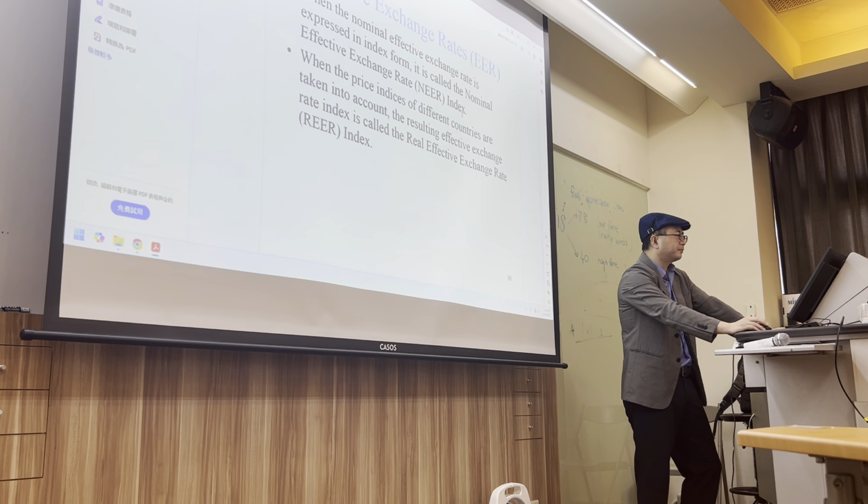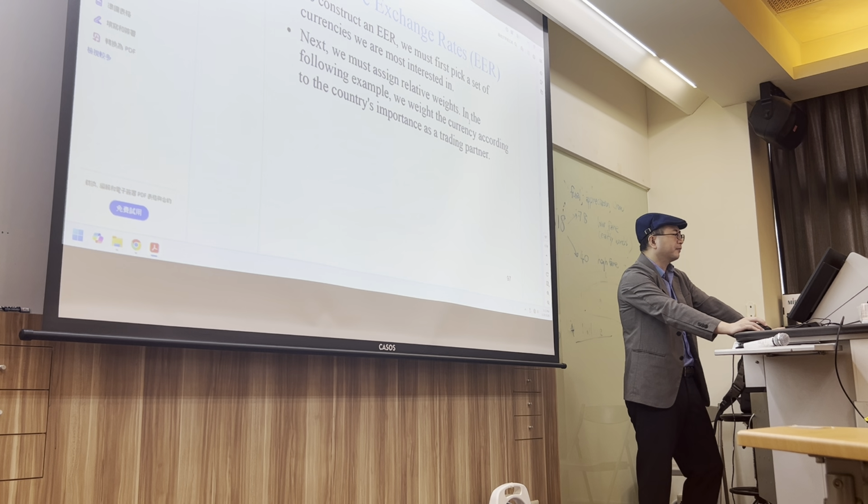Okay. So as I mentioned, both the nominal one and the real one will be an index. Okay. And especially for the real one, we will have to take into account the price differences of different countries that are trading with Taiwan, okay?